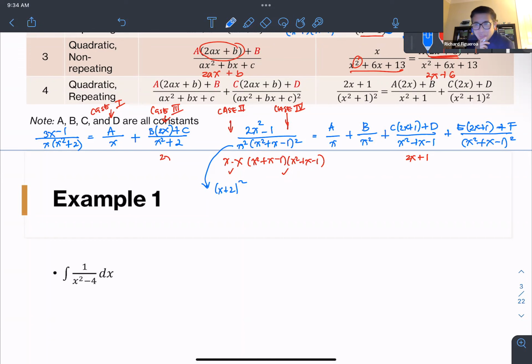If it is x squared plus 2, yeah, it will become case 3. What we look at is the base. So x squared plus 2 will become case 3, because it is already quadratic.